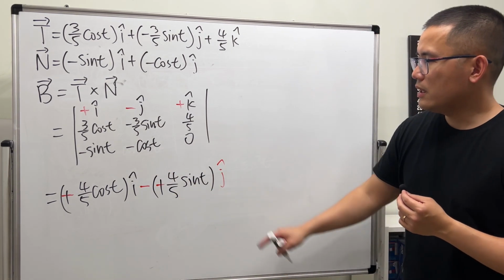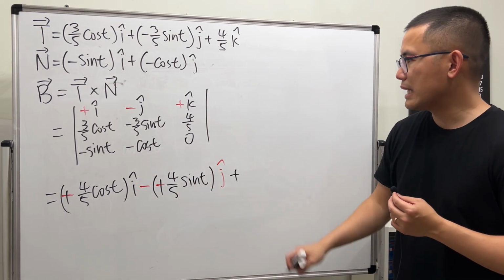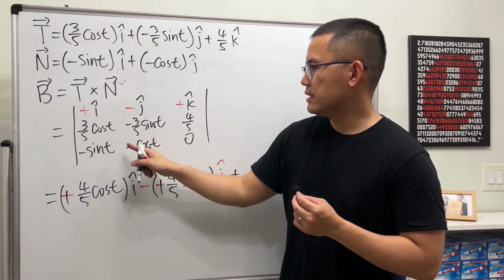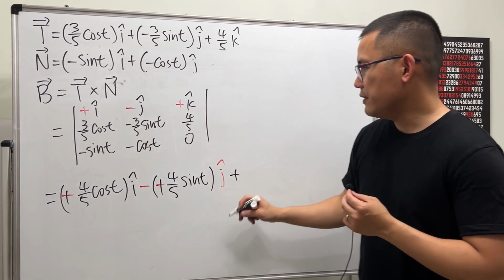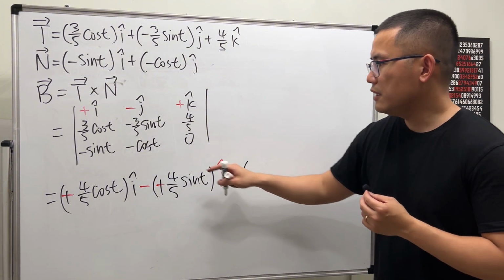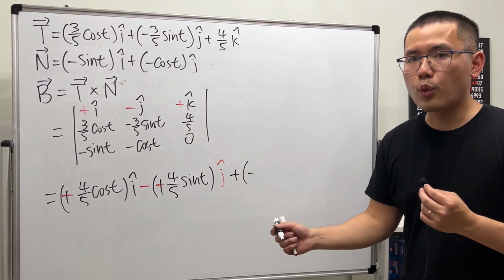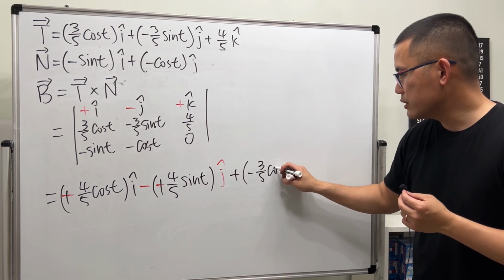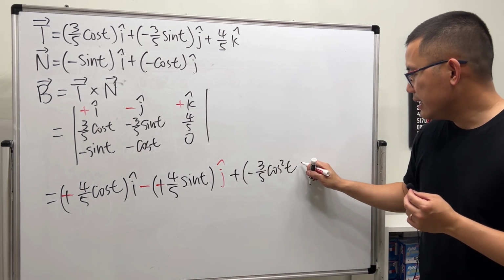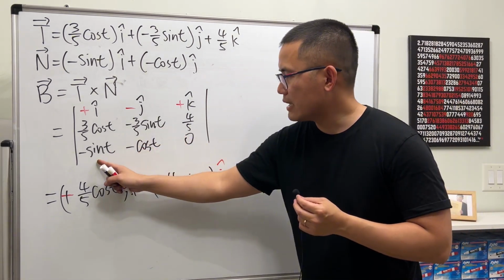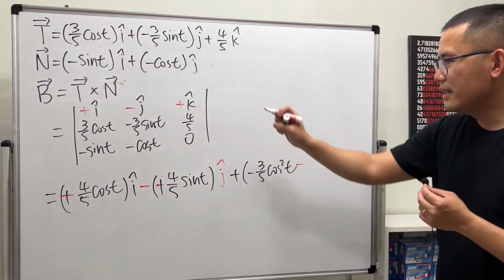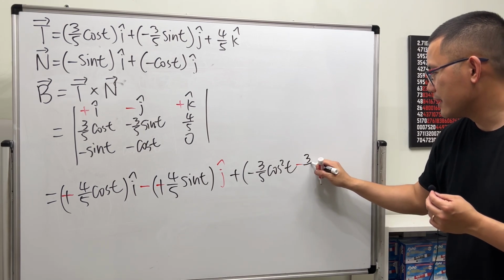And then finally, for the k component, we will just have to add. So delete this row and column. Take this times this. That's negative, so we have negative cosine times cosine is cosine squared, and we have the 3/5 here, and then subtract this times that. Negative times negative is positive, and then sine times sine is sine squared, and then we have the 3/5.